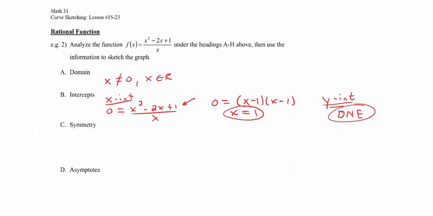All right, so symmetry. For symmetry, we're going to be plugging in f of negative x and seeing what we get. So let's do that. Plugging negative x into all of these, we get negative x squared minus 2 times negative x plus 1 over negative x.